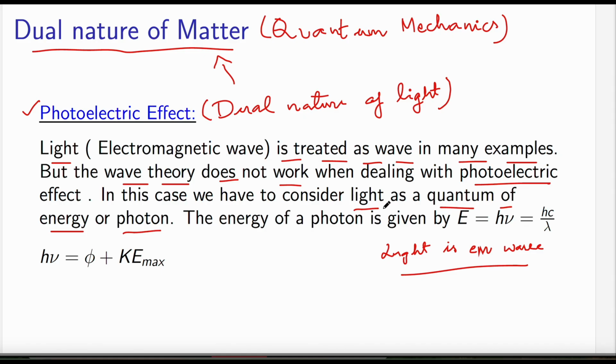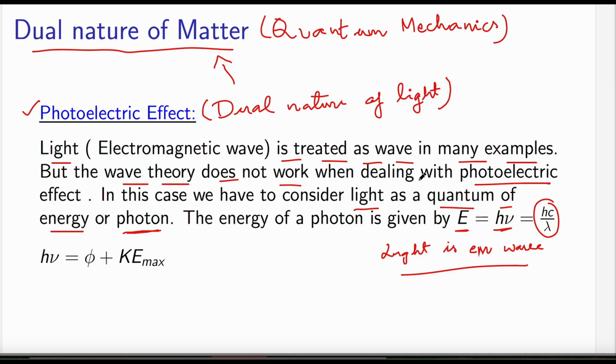We have to consider light as having particle nature, and that particle is called photon. Each photon carries a quantum of energy E, which is given by h nu, where nu is the frequency of the light, or in terms of wavelength, hc by lambda, because we know that nu is equal to c by lambda.